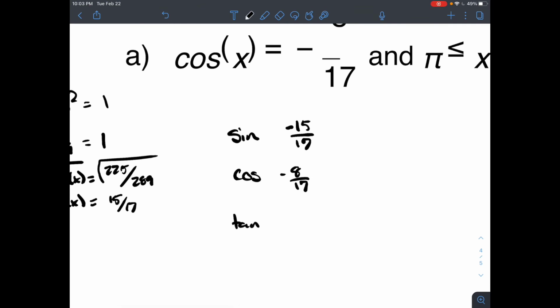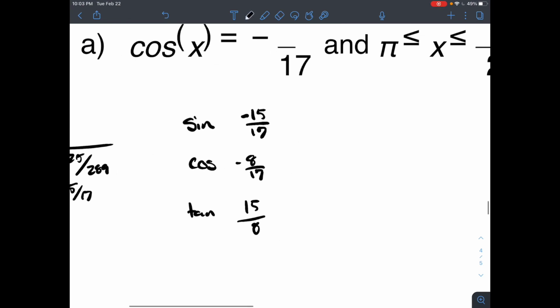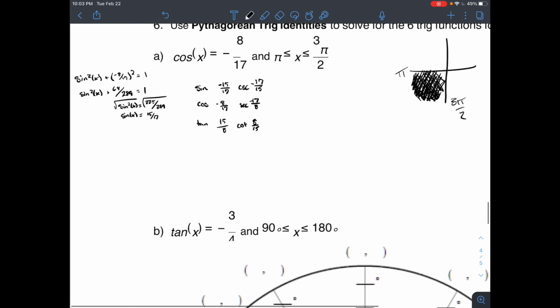Our tangent is sine over cosine, so we're going to have negative 15 over negative 8. So that's just going to become positive. Cotangent is just 8 over 15 then. Secant is negative 17 over 8. And cosecant is 17 over 15, and make that negative.